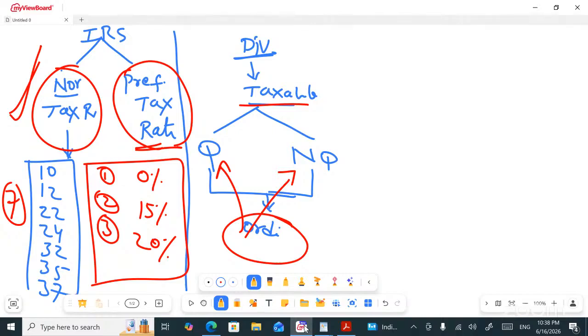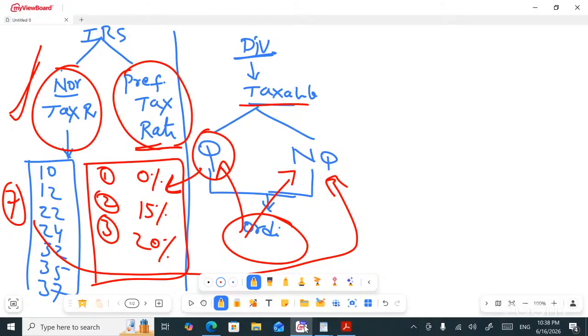If the dividend is qualified, it is subject to preferential tax rates, meaning 0, 15 or 20% is applicable. In the case of non-qualified dividend, normal tax rates are applicable. At the time of calculation, we will find that the normal tax rate structure gives a higher tax amount compared to the preferential rates, but all incomes are not subject to preferential tax rates.